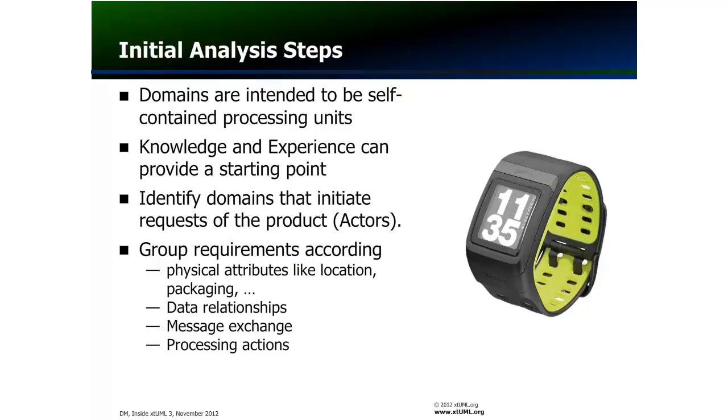From this starting point, more requirements are investigated, and relationships such as relative location, type of information, services required, or services provided are all items that can influence which domain satisfies a particular requirement.